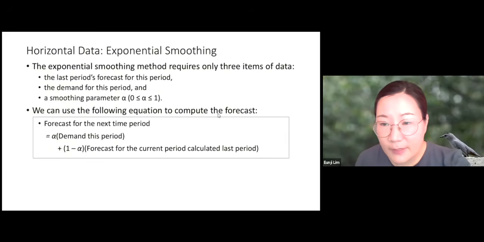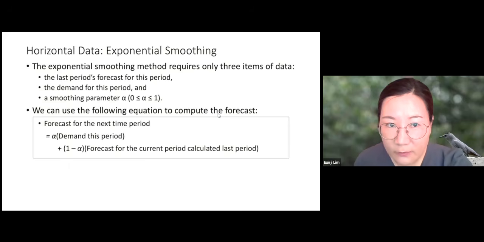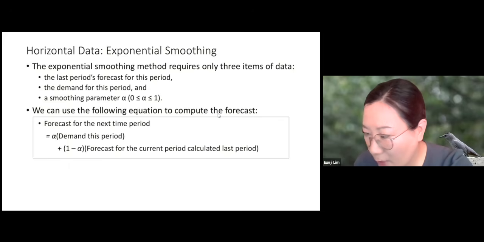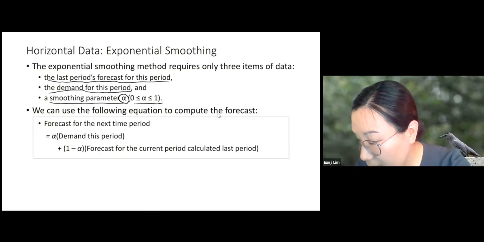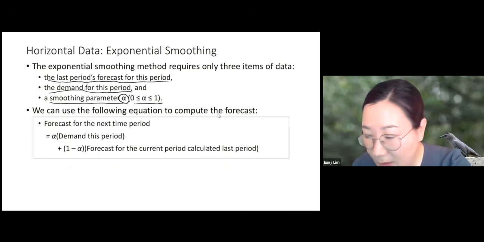Now, the next method we can use for the horizontal data set is the exponential smoothing method. The exponential smoothing method requires only 3 items of data: the last period's forecast for this period, the demand for this period, and the smoothing parameter alpha, which is a given parameter between 0 and 1.